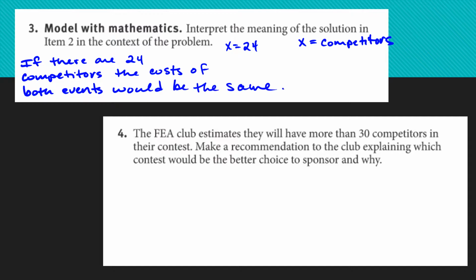So we found out when they'd be the same. Then it says the FEA club estimates they'll have more than 30 competitors in their contest. Make a recommendation to the club explaining which contest would be the better choice to sponsor and why.